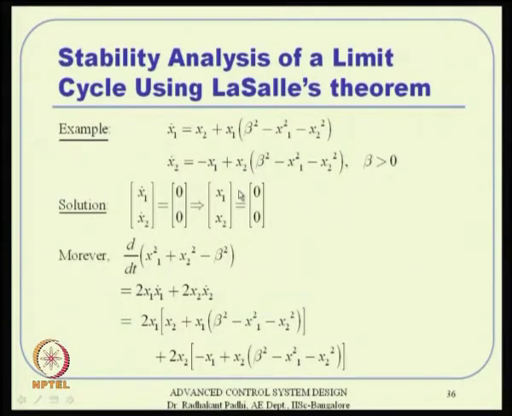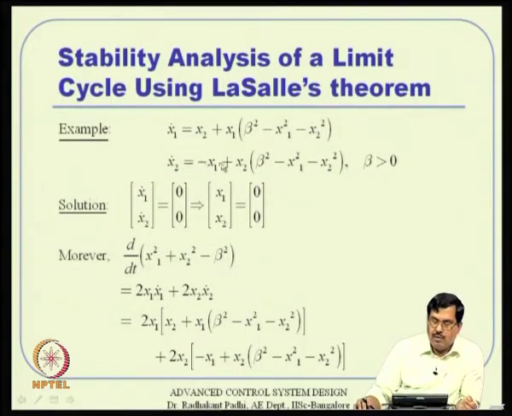Let us see that example, and then the ideas will probably be more clear. So, let us talk about an example where x1 dot is given like this and x2 dot is given like that, where beta is greater than 0. If I put x1 dot equal to 0 and x2 dot equal to 0, with beta strictly greater than 0, then one solution ultimately is x1 and x2 both equal to 0.